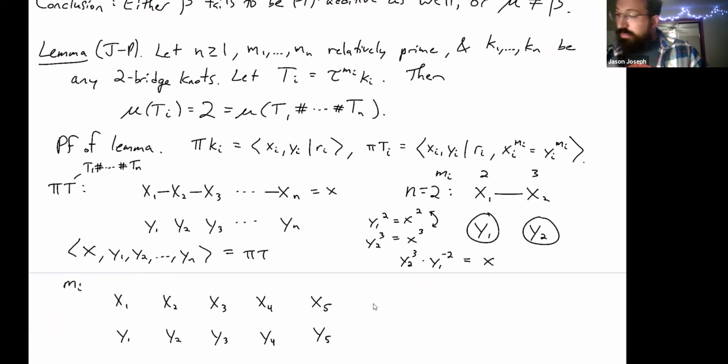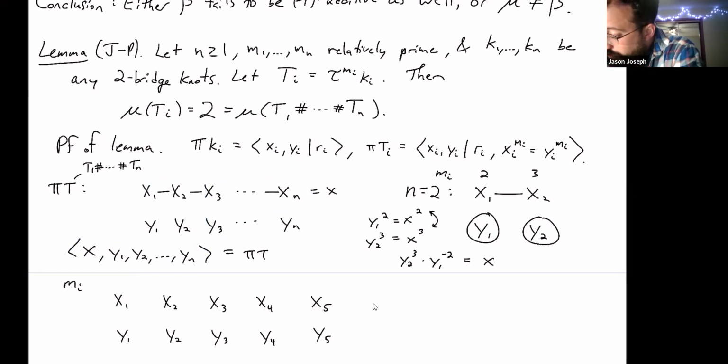But there's still this issue of amalgamating. If we do it like this, then I do claim that no two of these meridians generate. That is a true statement because they'll just generate their own factor. You could write down a meridian that's not one of those, and that would maybe work if you're careful. But I thought of a way I like better, which is to amalgamate in a zigzag pattern.